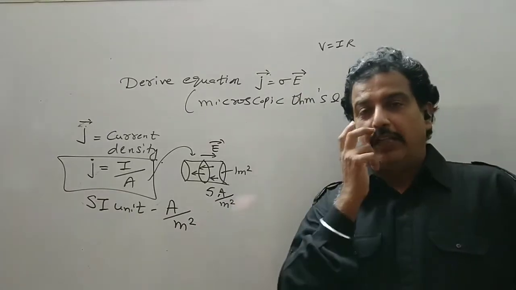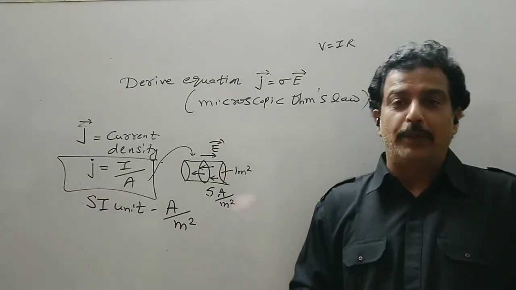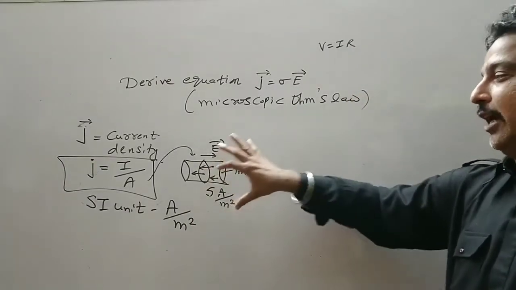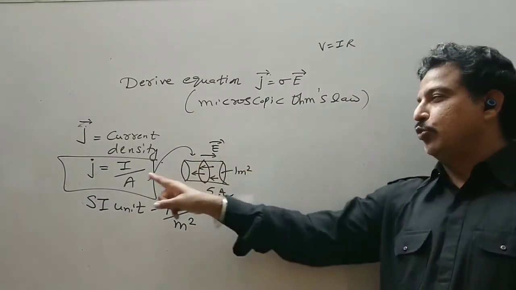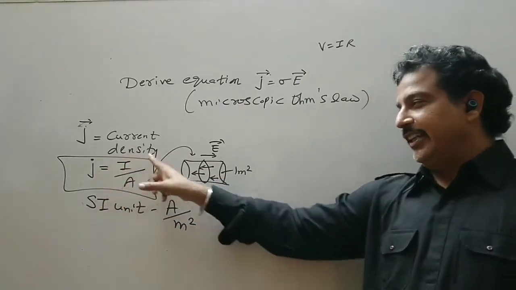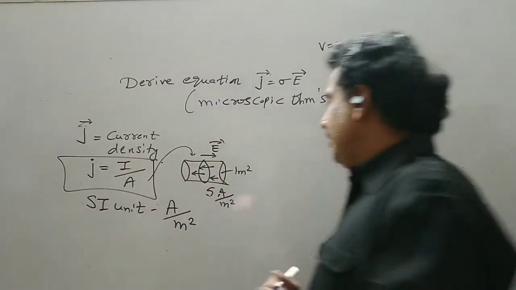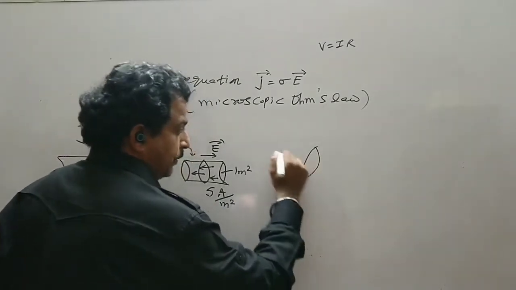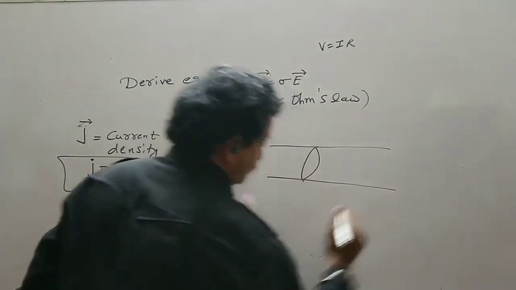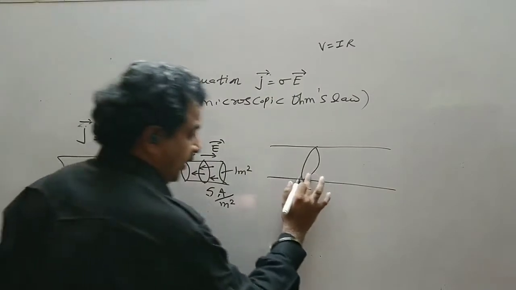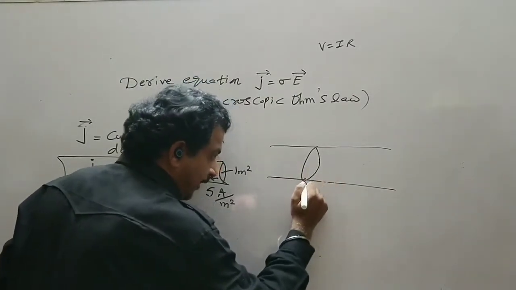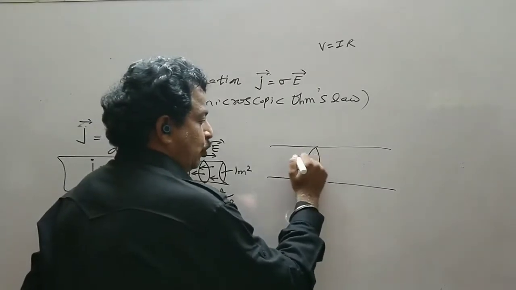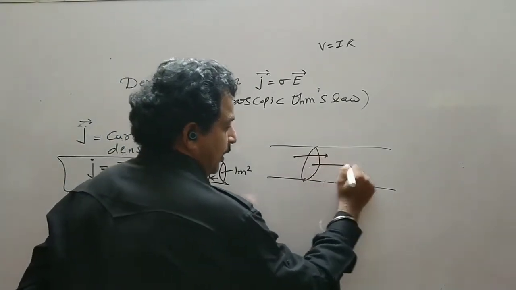That is the case when we defined I is equal to Q by t and I is equal to dQ by dt. The cross section was held normal. So in that situation, J is defined as I upon A. But if the situation is like this, the cross section is bent downward. Now in this situation, the electrons are flowing in a straight line.